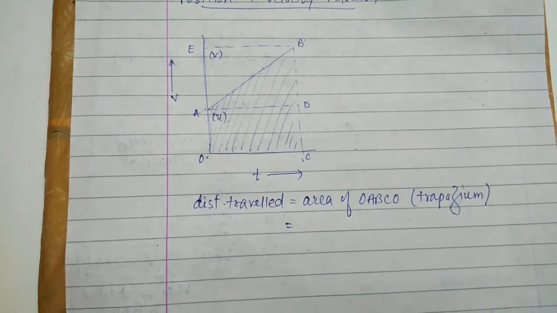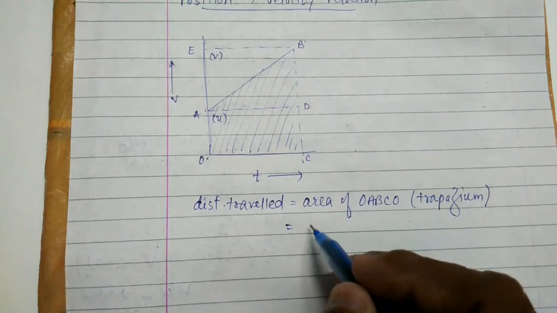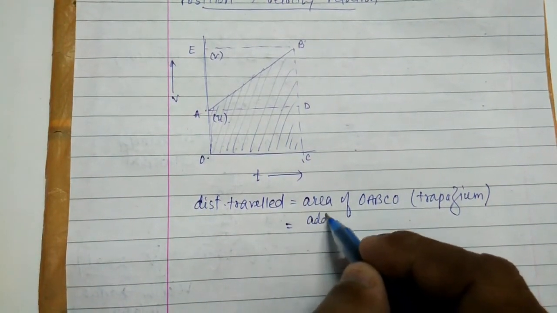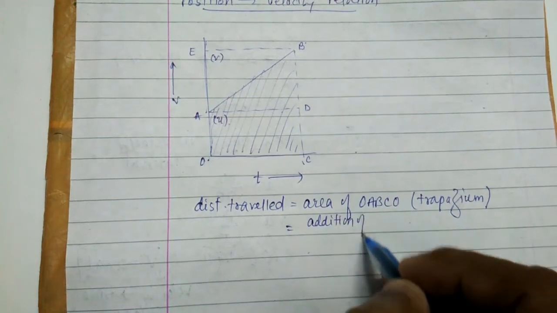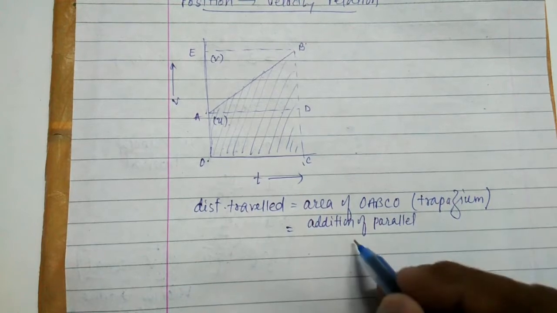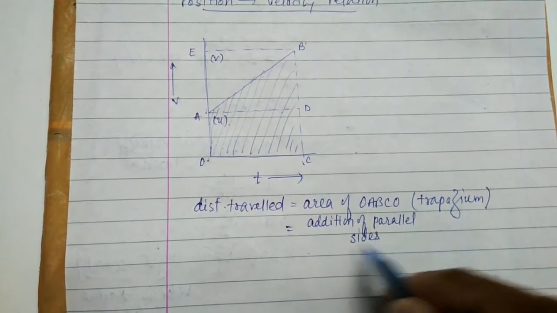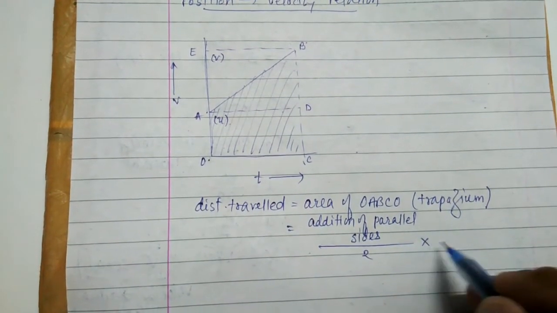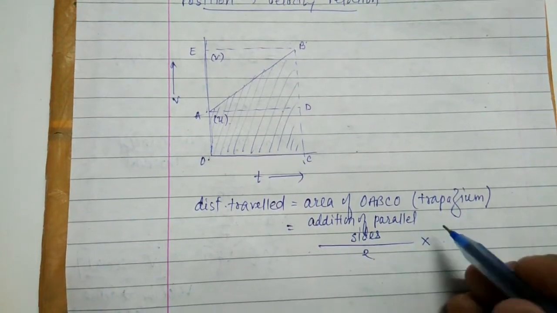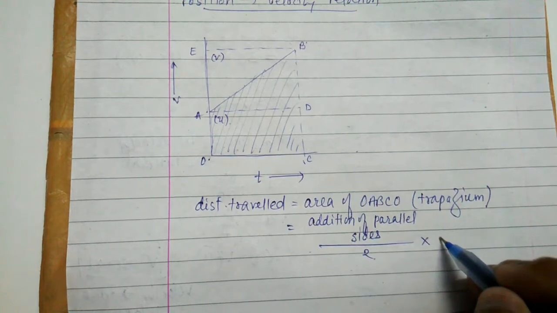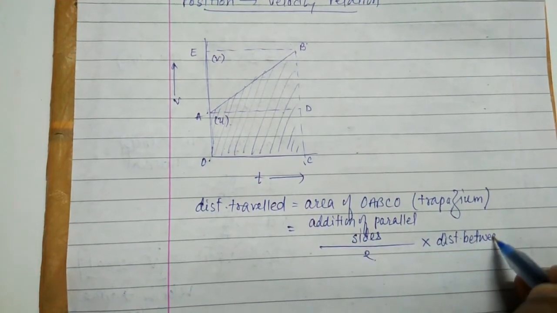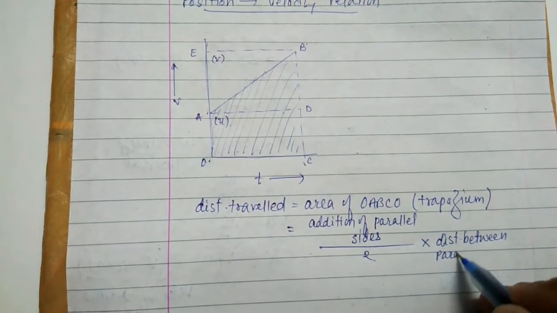The area of trapezium is addition of parallel sides upon 2 into the distance between these parallel sides.